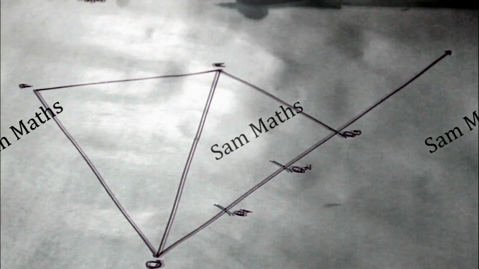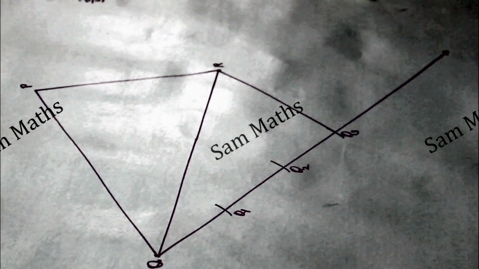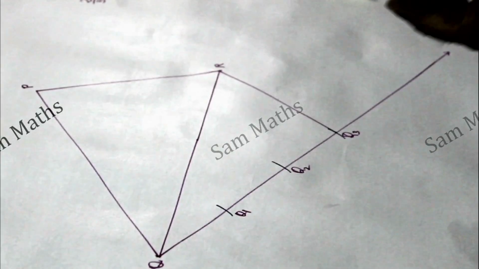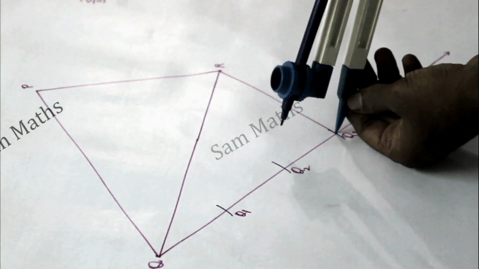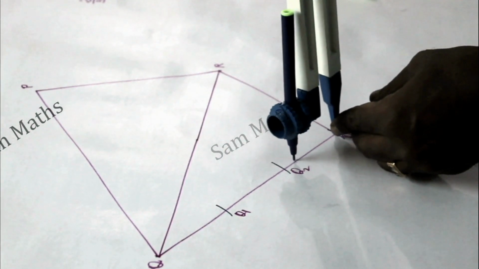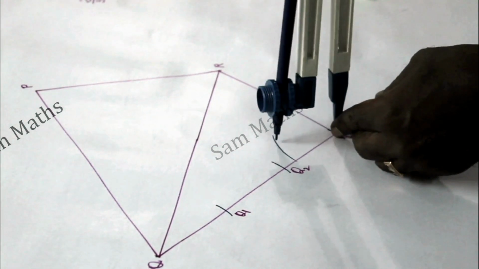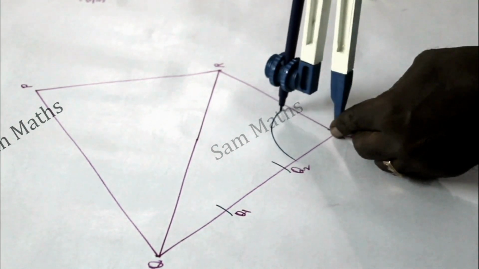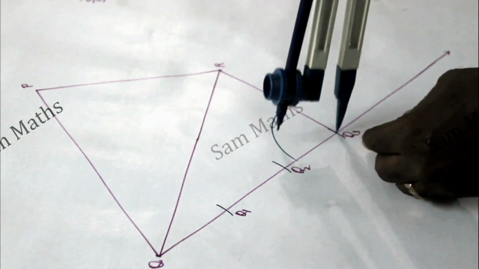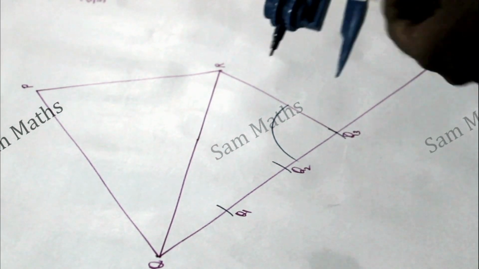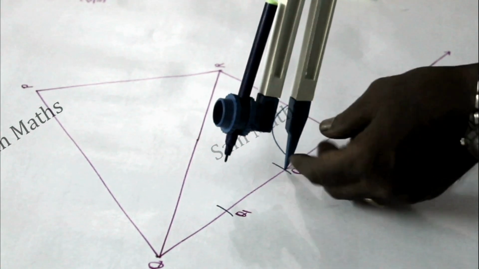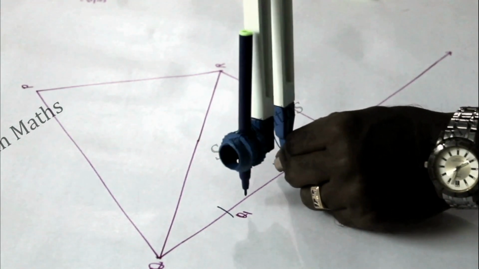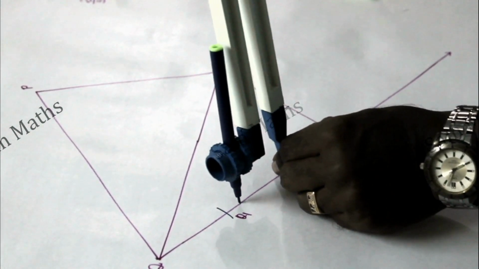Right, children? Now with any radius, Q3 as center, you draw an arc. Like this you have to draw. Then with the same measurement, it's very important, same measurement, don't change that, Q2 as the center, you have to draw the arc.